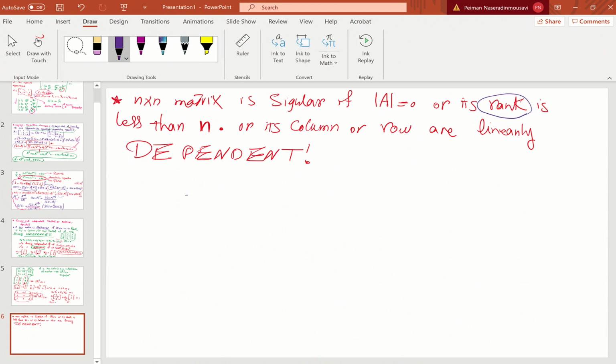What is rank? Rank of a matrix. What is rank?